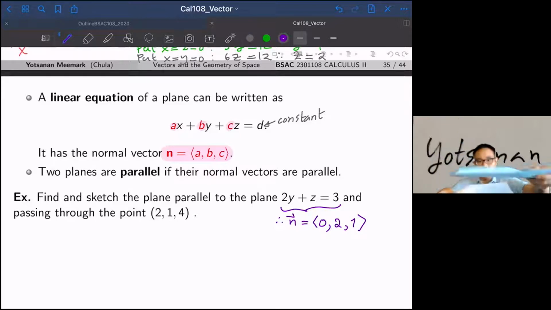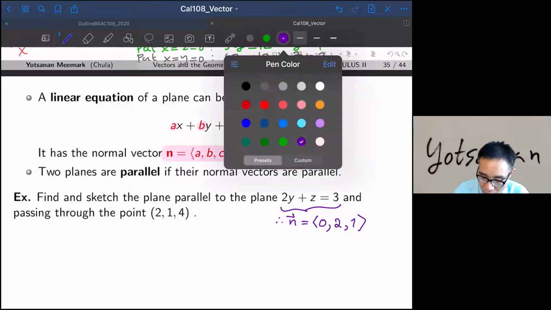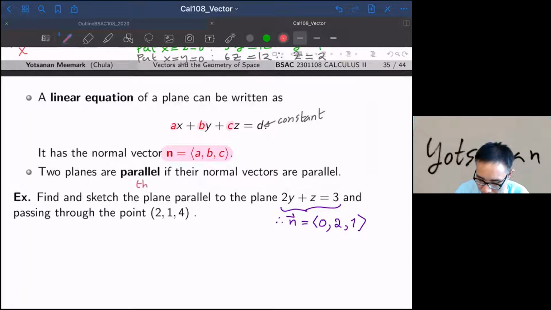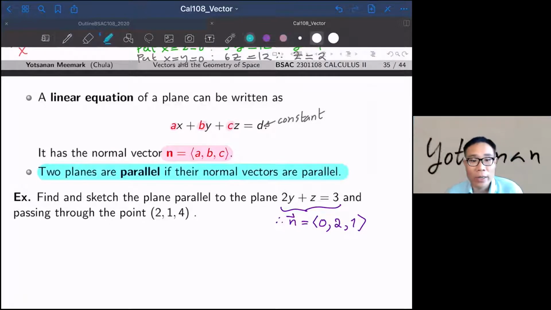In order to have two planes that are parallel to each other, you need the normal vectors to be parallel. So two planes are parallel if their normal vectors are parallel. So in this case, you're going to have this normal vector n to be the normal vector of the new plane.